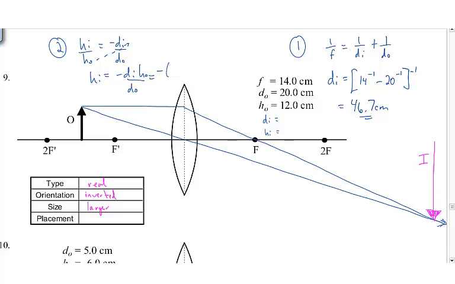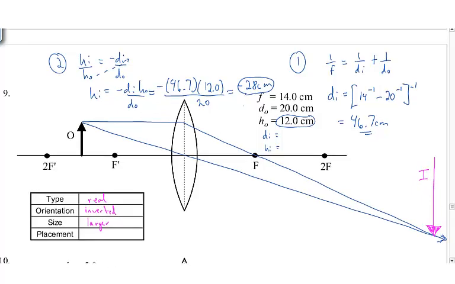The distance to the image we just found is 46.7 centimeters. Height of the object is 12. Distance to the object is 20. And if you type that in, you'll find the height of the image is negative 28 centimeters. So you can see that value there is much greater than the height of the object over there. And therefore, it's magnified.